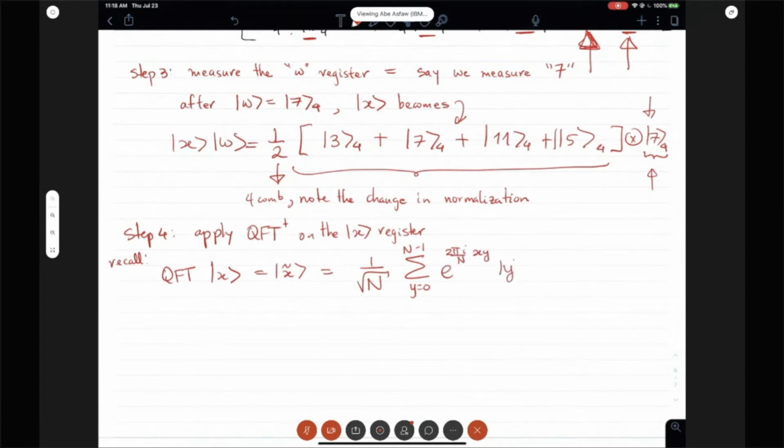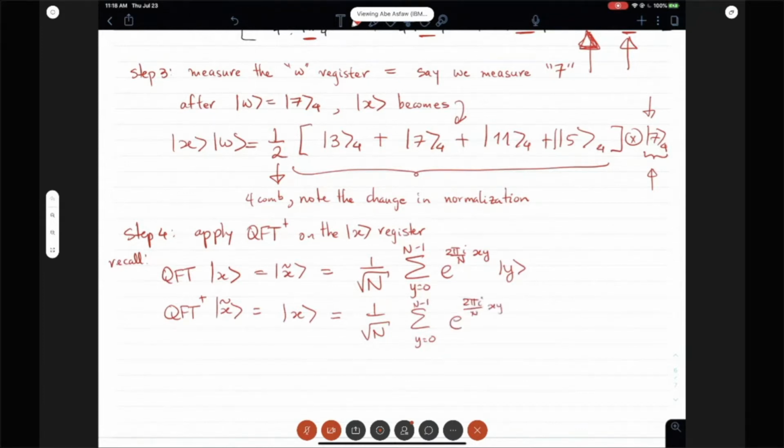So QFT dagger is going to take X tilde back into X, and the way that's going to work is by doing y equals 0 to n minus 1 again, e to the 2 pi i over n, x times y. There's going to be a y here.